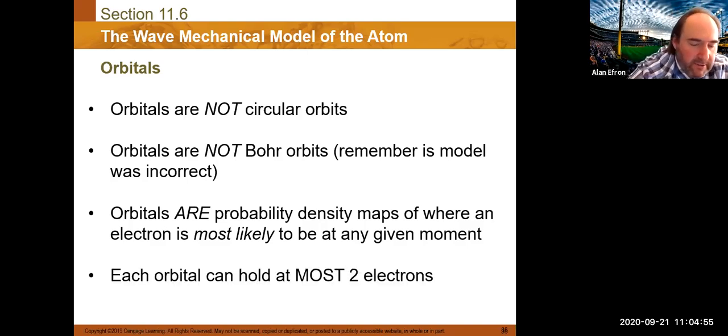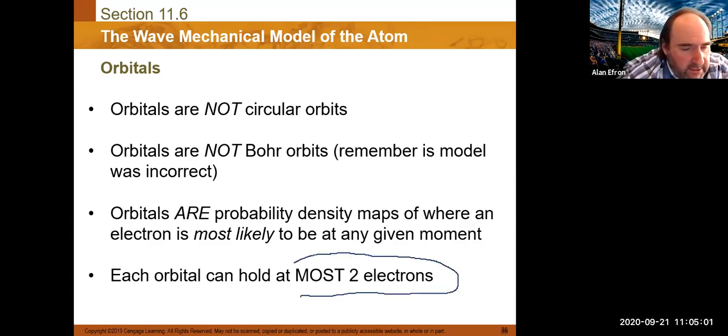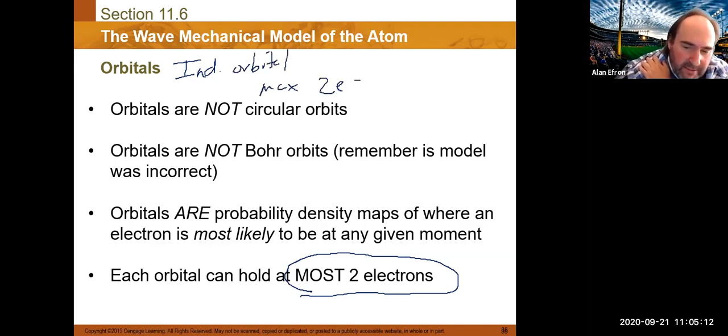Now, any orbital, one important aspect of it is that an orbital can only hold a maximum of 2 electrons. So any individual orbital that you've got going on can only hold a maximum of 2 electrons. Sometimes we represent orbitals with a line, maybe a box or something like that, and sometimes we represent electrons with arrows like this.